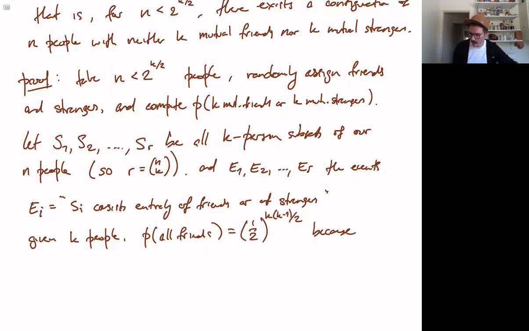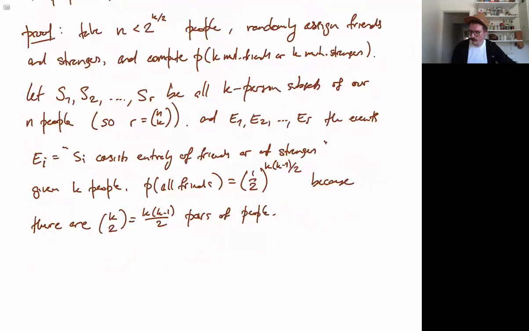So let me just write that out, because there are k choose 2, which is k times k minus 1 over 2 pairs of people. And same for the probability of all strangers.